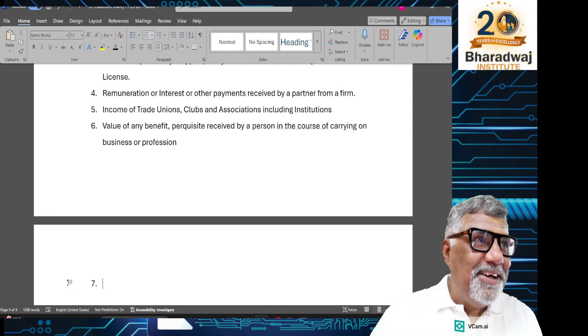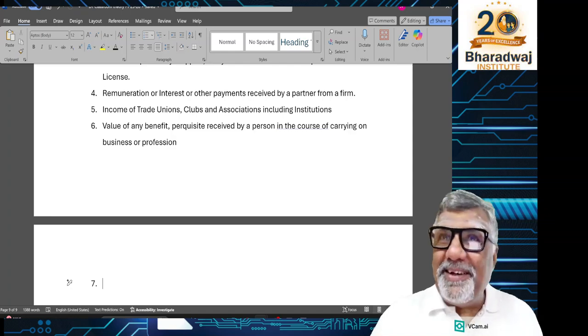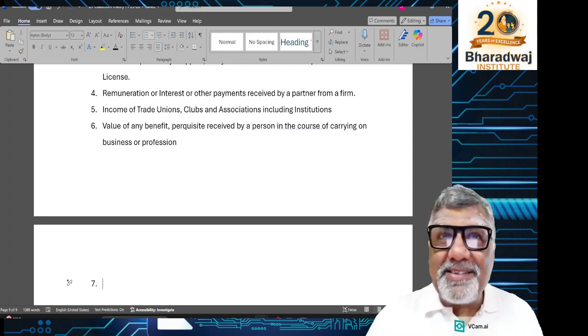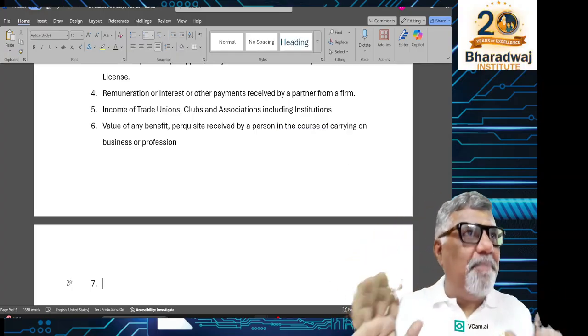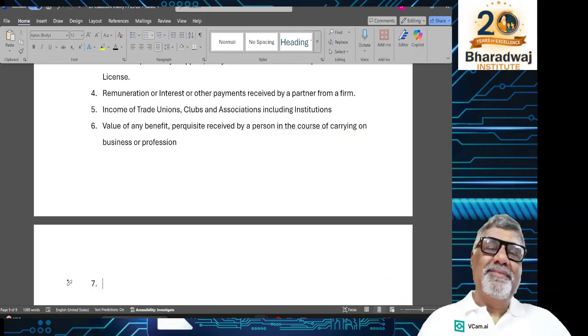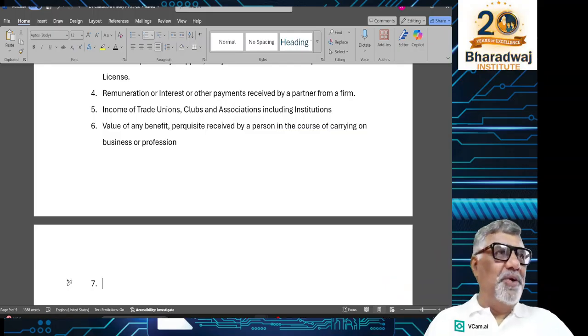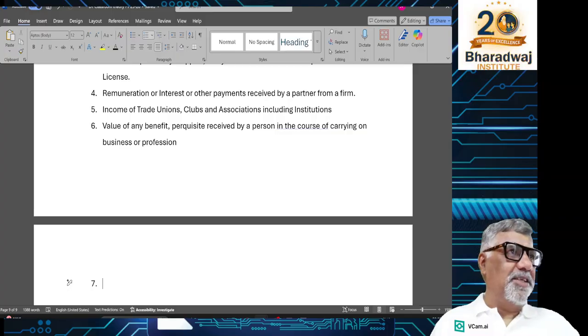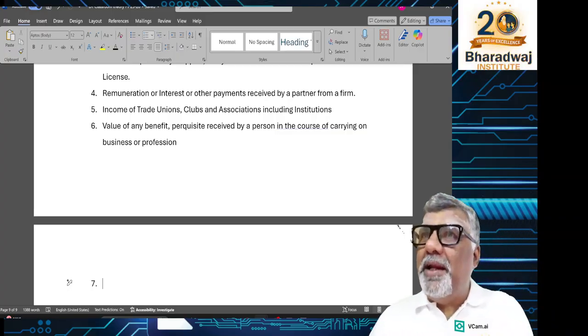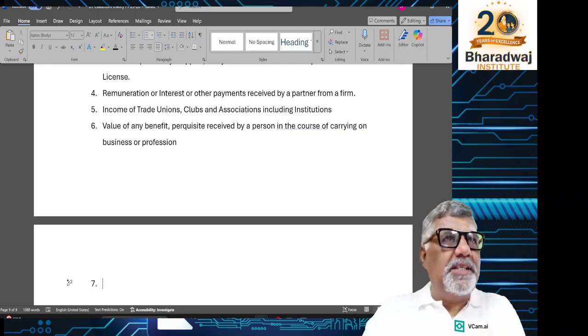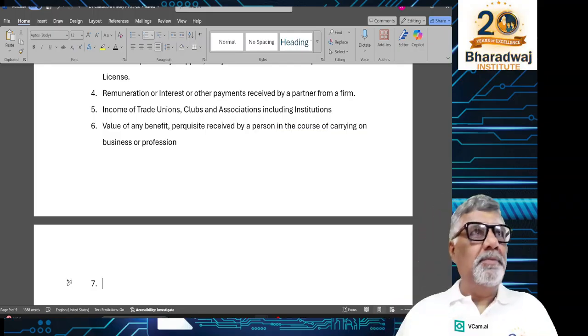Very difficult and very, very interesting provision. Any value of any benefit, with due regards to many fantastic people, medical practitioners. If you go inside a doctor's cabin, many things seem to be sponsored except his coat.